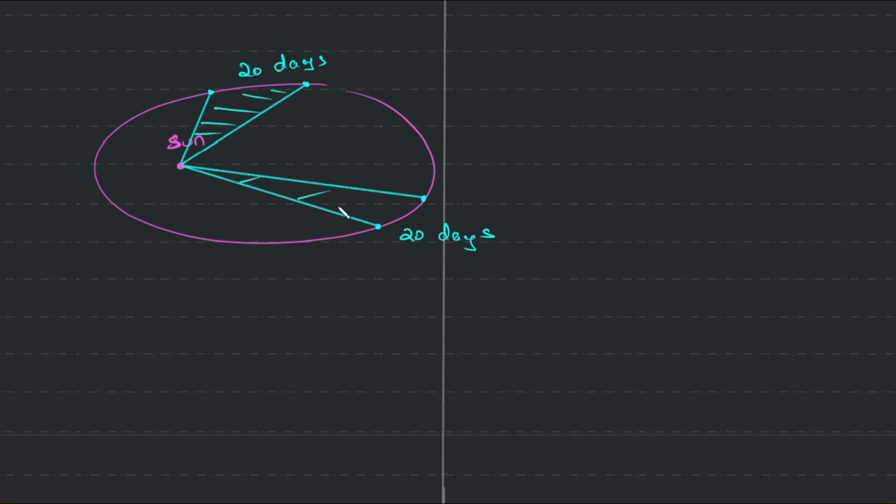So if we figure out this area, this is area A1. This is area A2.